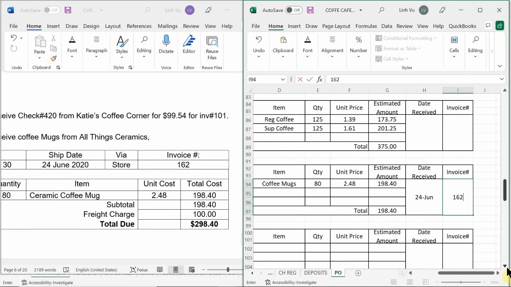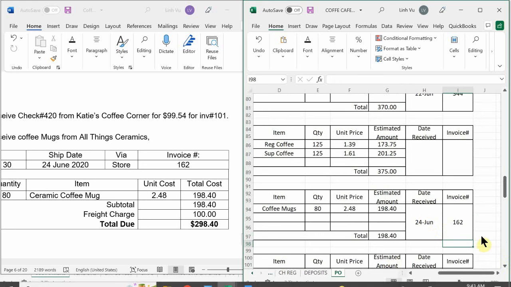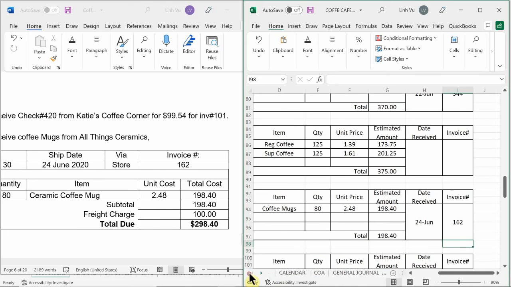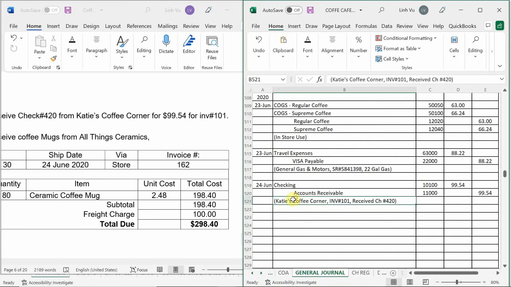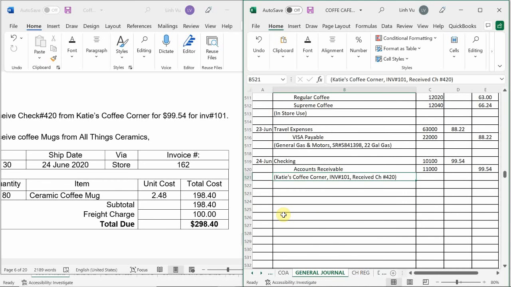Invoice number 162. Okay. So in this case, I received periodic inventory.